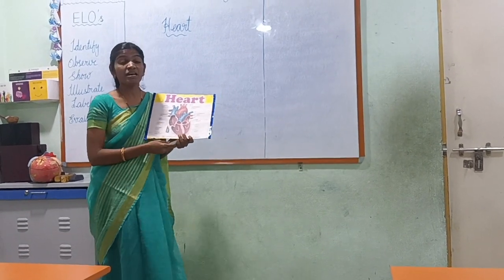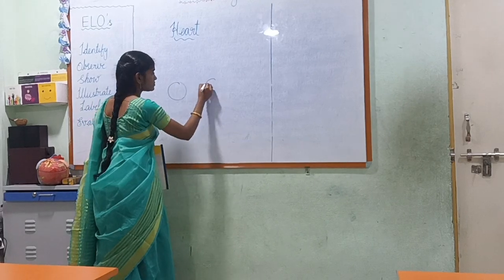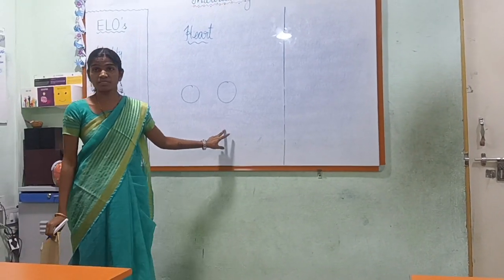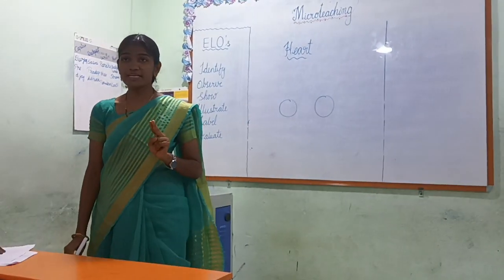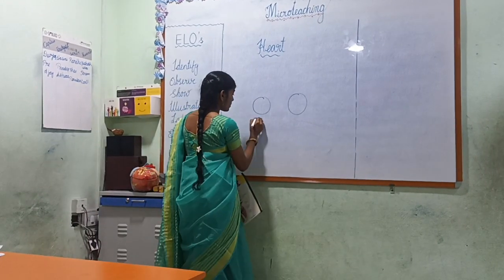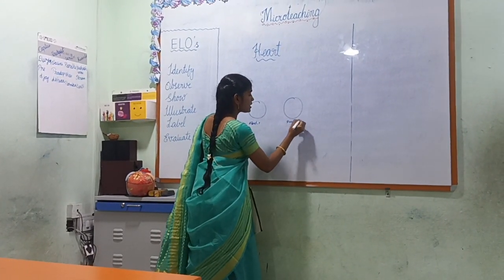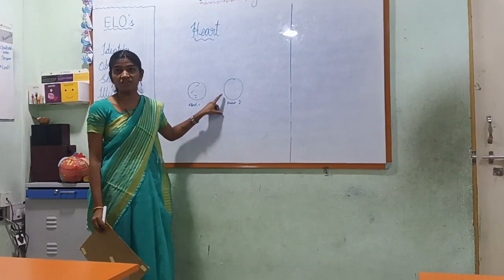Here I have one activity. Let us see, children. These are two ponds. We assume that near your surroundings you have two ponds, pond 1 and pond 2. Pond 1 is filled with water, but pond 2 is not filled with water.